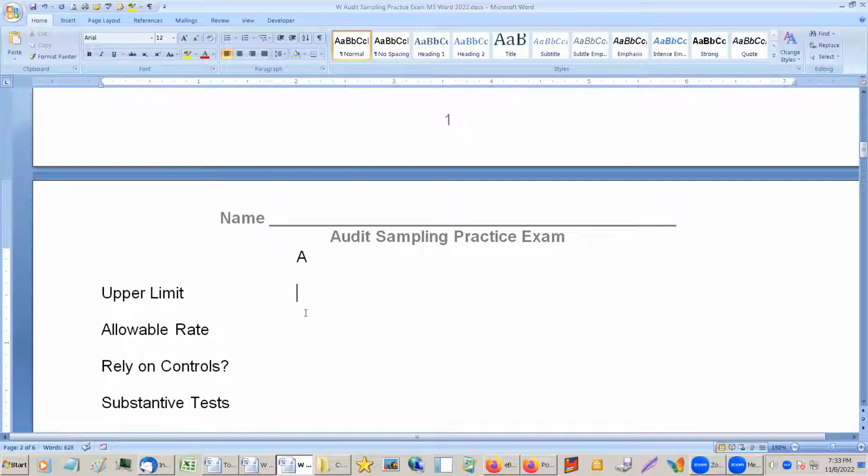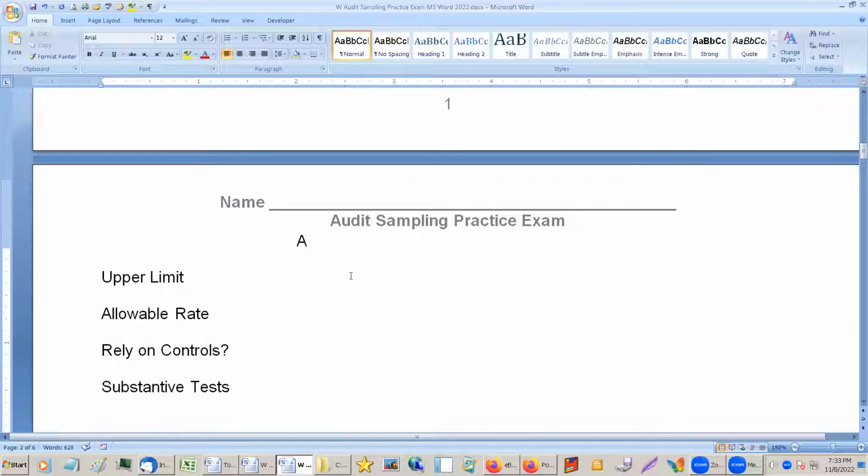Give me a percentage for the upper limit, 1% through 10%. Any percent, 1 through 10. 4.